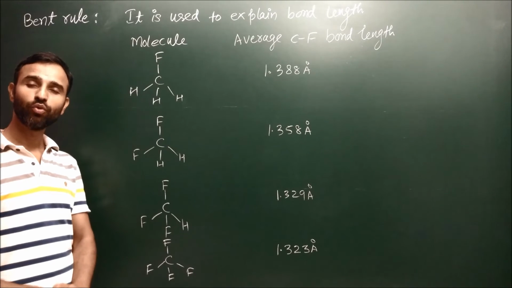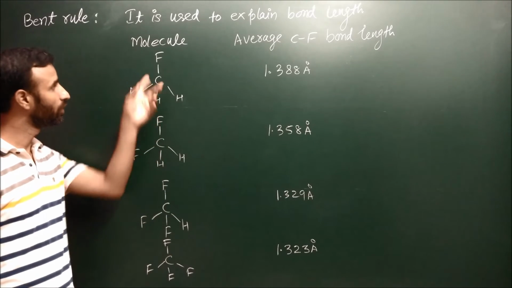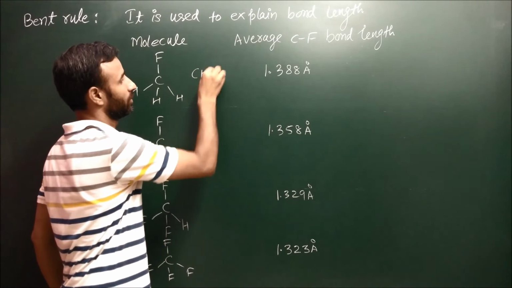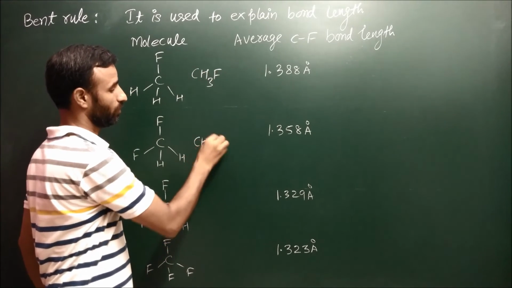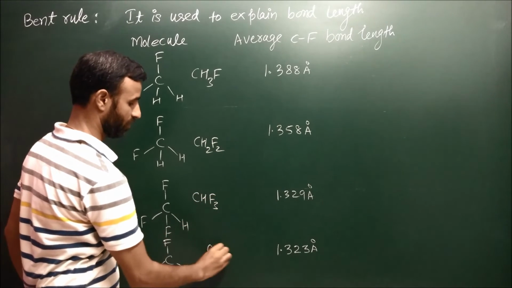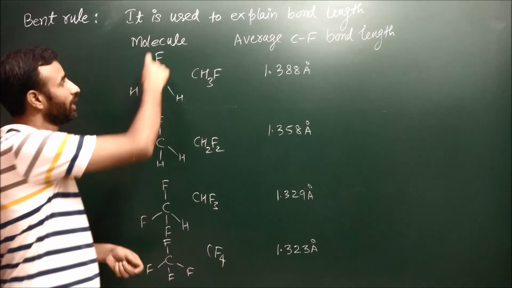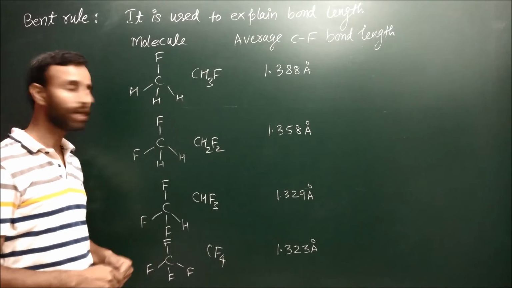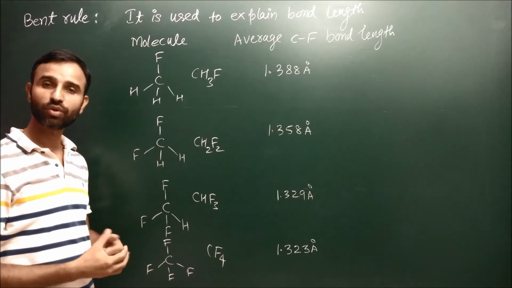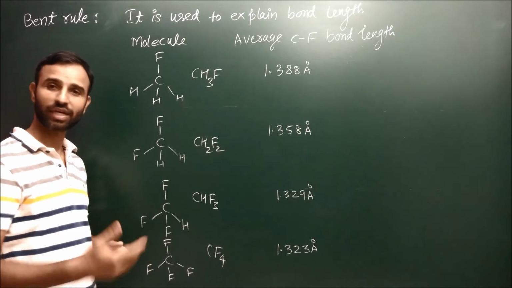So Bent's rule can be used to explain the bond lengths. Like we have example of CH3F, CH2F2, CHF3 and CF4. So in first case we have only 1 CF bond and 3 CH bond, and you know fluorine is more electronegative and hydrogen atoms less electronegative.